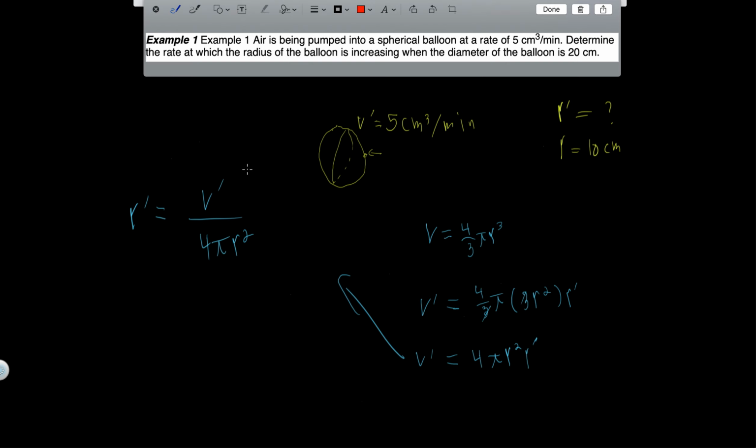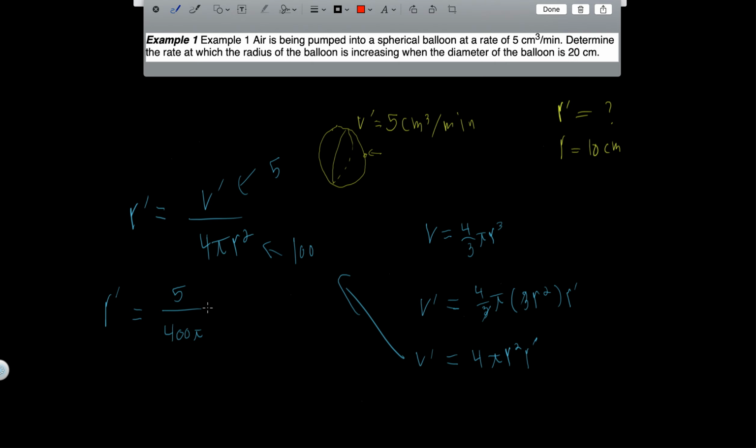We know the value of V prime, that's 5. We know the value of r squared: r is 10, so r squared is 100, and then times 4 pi, so we get r prime is equal to 5 over 400 pi.